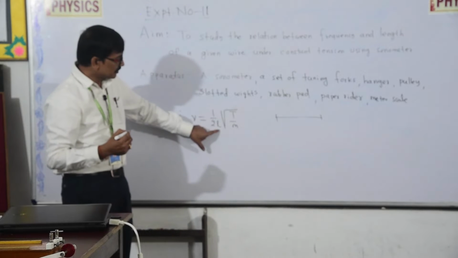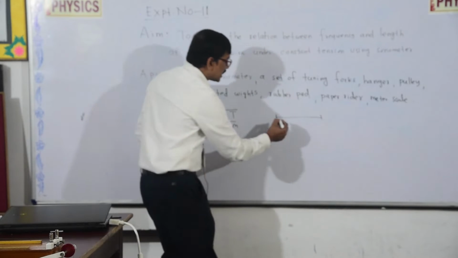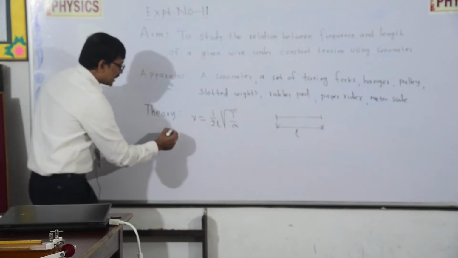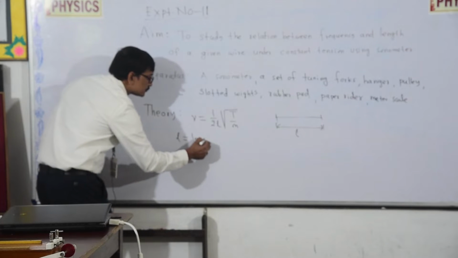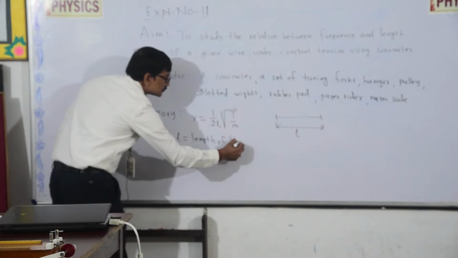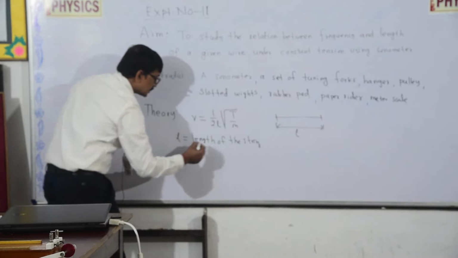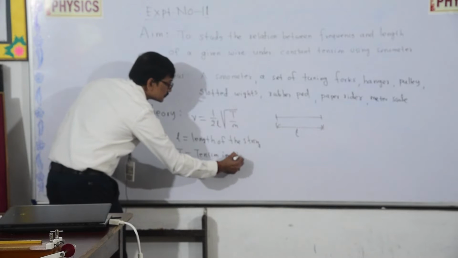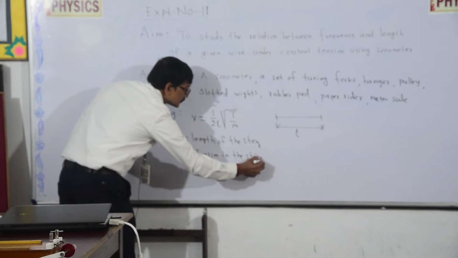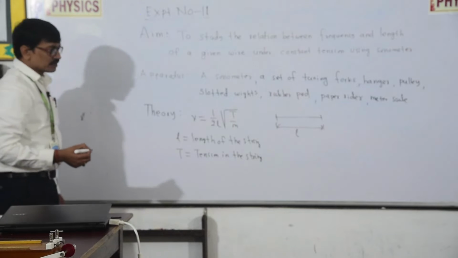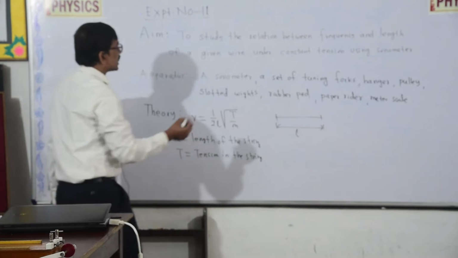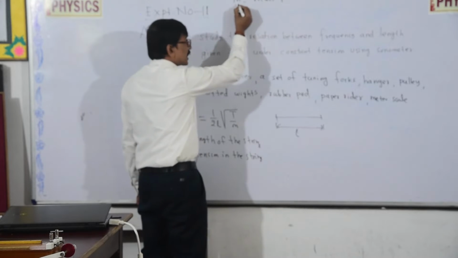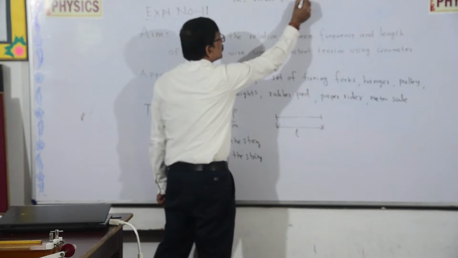L is the length of the string, T is the tension in the string, and M is the mass per unit length.